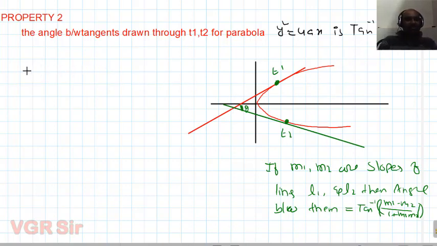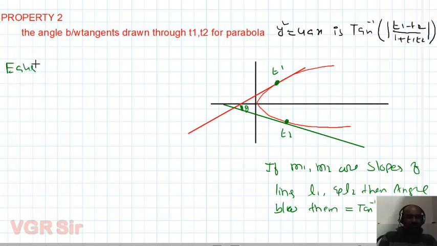First of all I will write the equation of tangent at T1, that is y t1 equal to x plus a t1 square.